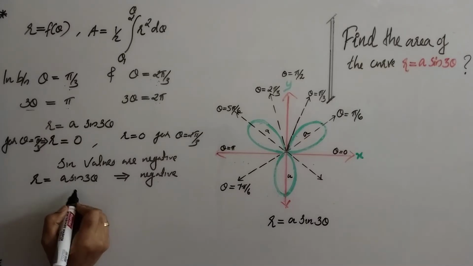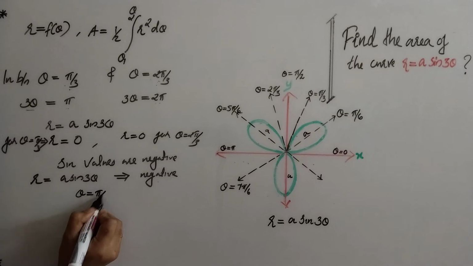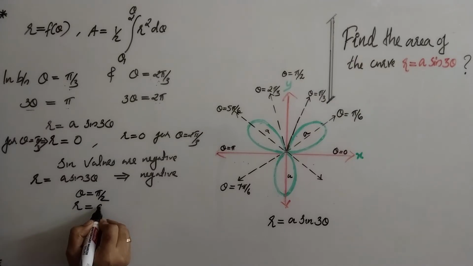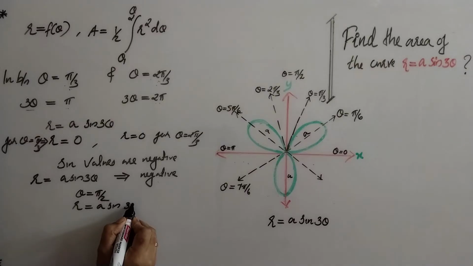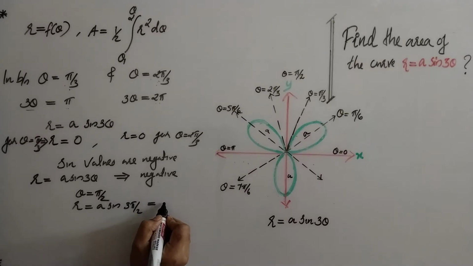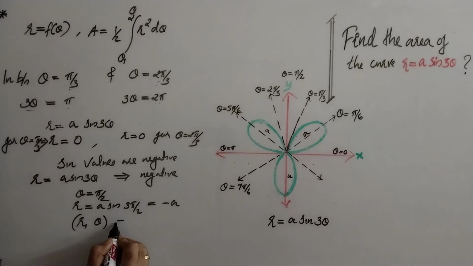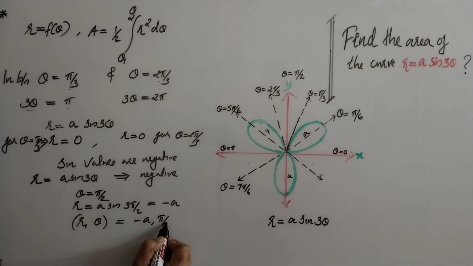In particular, when theta is equal to pi by 2, what is the value of r? It is a sin 3 pi by 2, that is minus a. When theta is equal to pi by 2, the value of r is minus a.